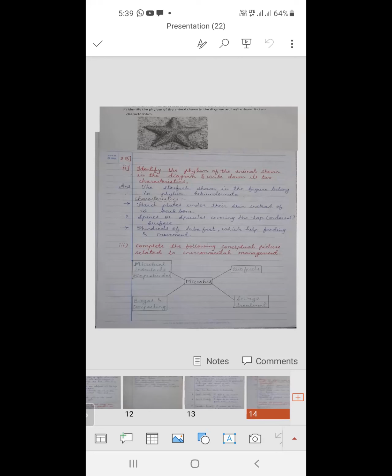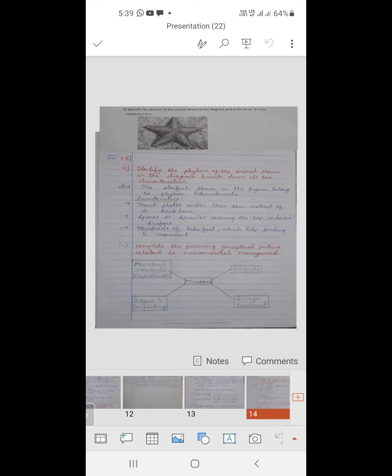The next part of the same question is to write down its 2 characteristics. I have given one extra characteristic, in case you don't remember 2, so one extra option is given here.